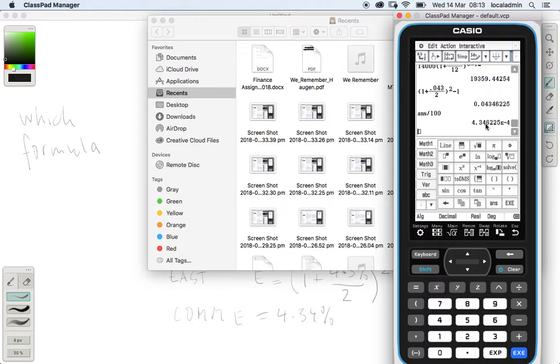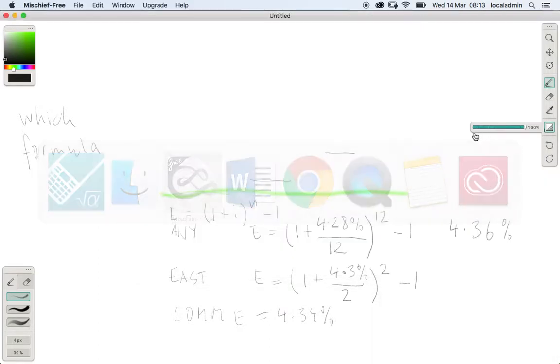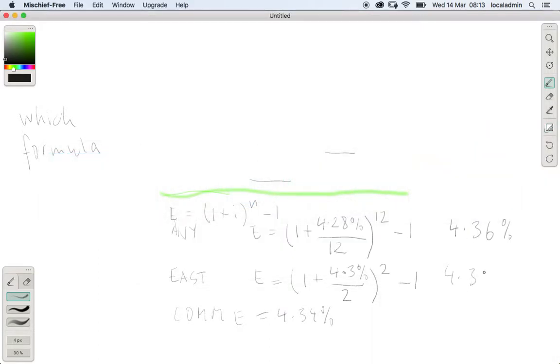So there's a 6 behind the 4, so we need to round up the 4. Did I really say multiply? Sorry. We're obviously not dividing, we are multiplying. So yeah, my bad. 4.35%, so let's go back here. 4.35%. So the rounding is important here, and then we have 4.34%.